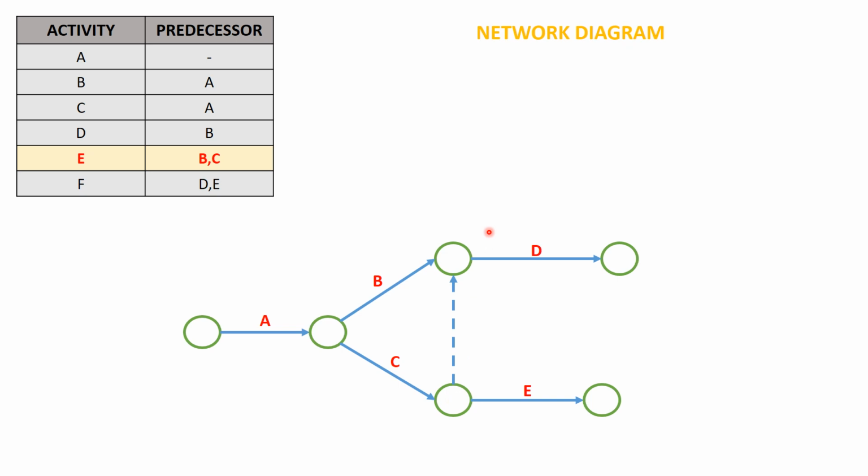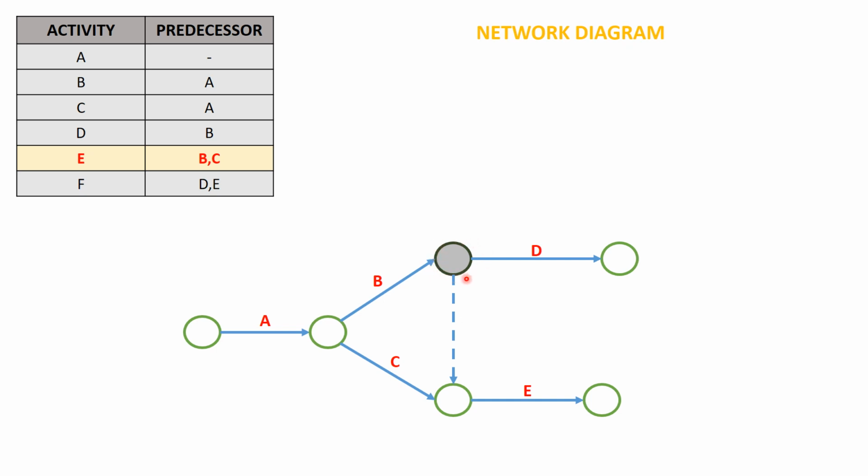Now we'll take up both these conditions one by one. First, we'll take the condition where we have a dummy activity coming from top to bottom in this diagram. Now what is happening? We'll consider the topmost event. At this event, we have only activity B coming onto this node.